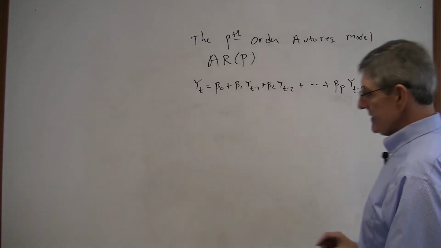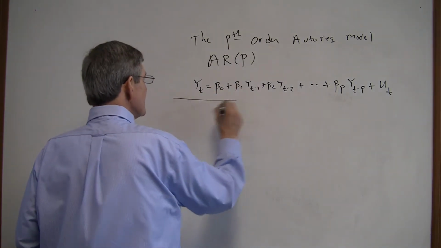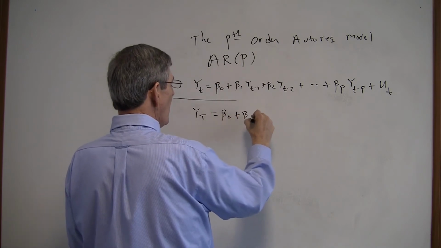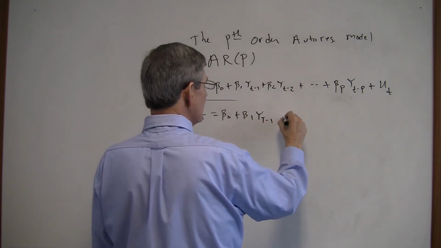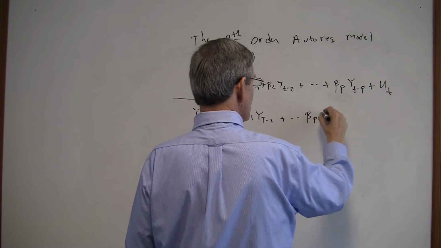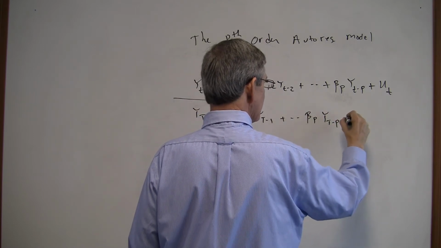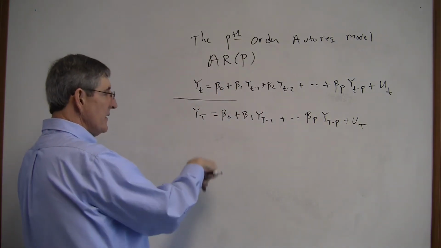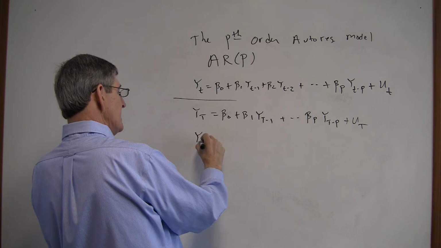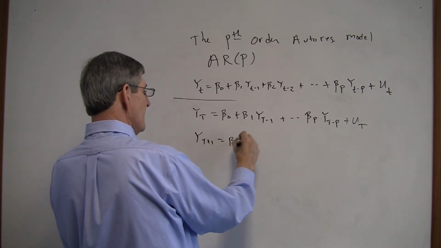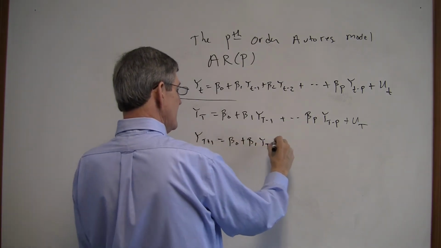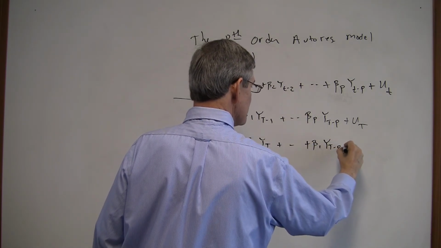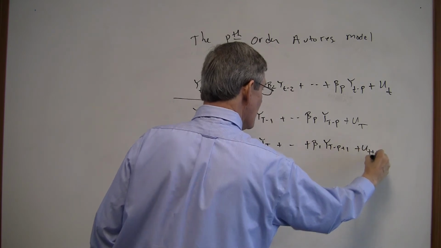You could forecast this the same way. So yt would be beta naught plus beta 1 yt minus 1 out to beta p yt minus p plus ut. You could then take it one period ahead: yt plus 1 equals beta naught plus beta 1 yt out to beta p yt minus p plus 1 plus ut plus 1.